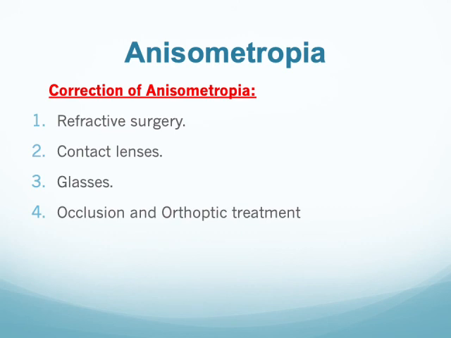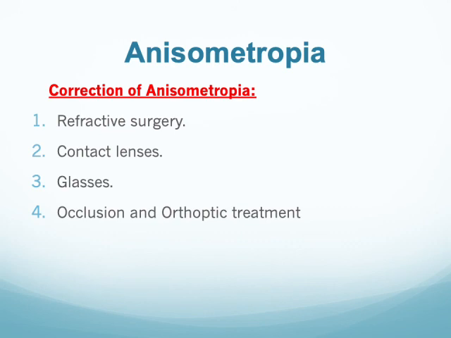Though it is not the ideal age for refractive surgery to be done before 18 years old, in anisometropia we might do refractive surgery to help the patient wear glasses and to help the development of vision. The aim is to prevent the bad consequences of anisometropia, including amblyopia and squint.